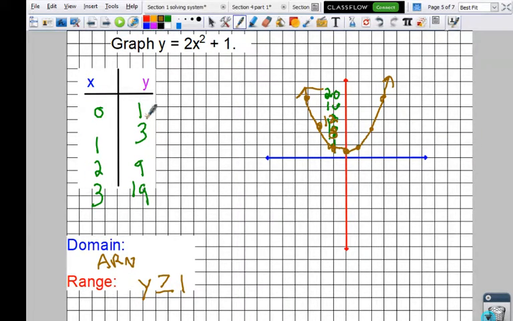It's at 0, 1. Is it max or min? It'll be min.